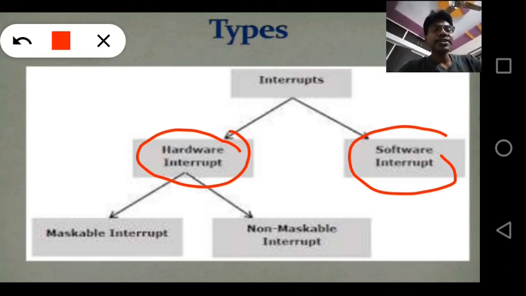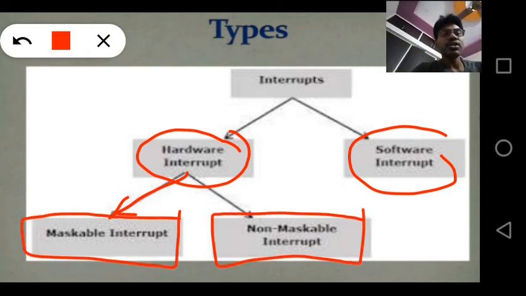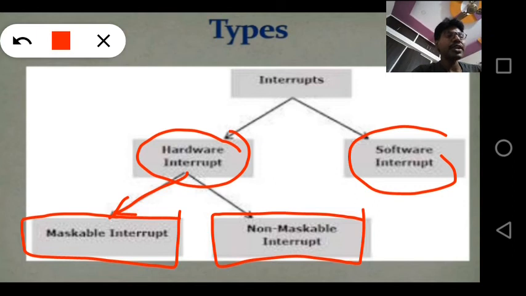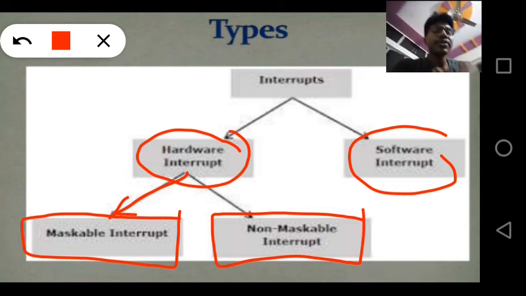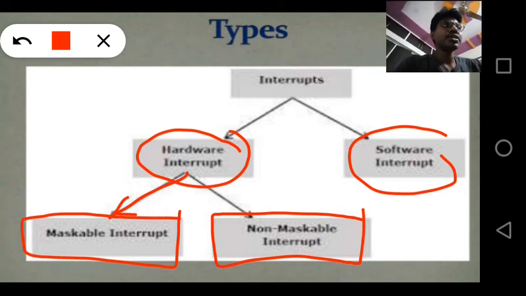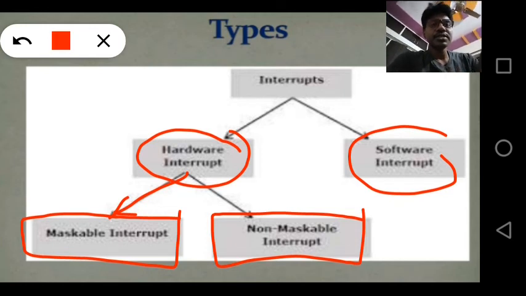And in hardware interrupt we have maskable interrupt and non-maskable interrupt. So how can you mask a hardware interrupt? First, what is an interrupt? An interrupt is some kind of disturbance to the processor. What does this disturbance mean?